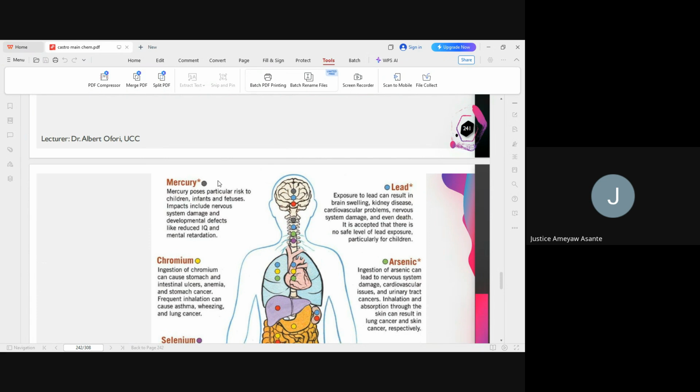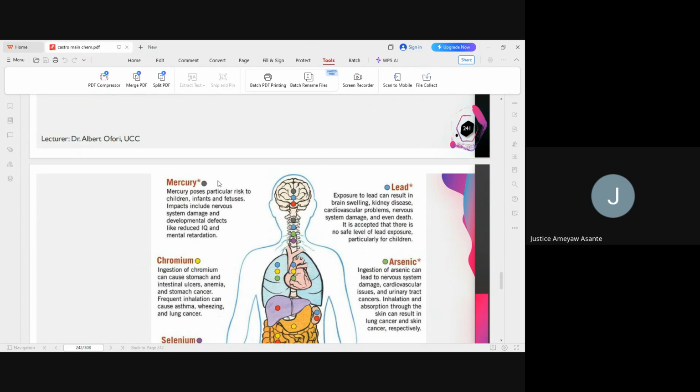Mercury poses a particular risk to children, infants, and fetuses. Impacts include nervous system damage and developmental defects like reduced IQ and mental retardation.